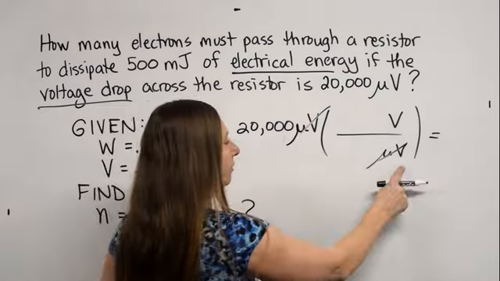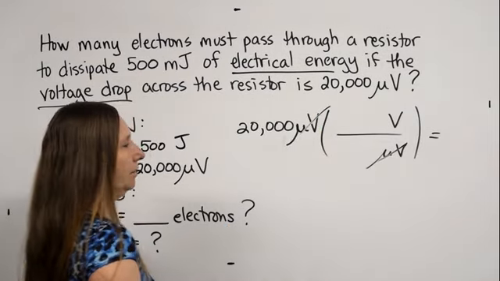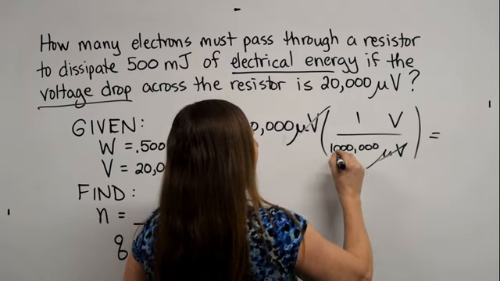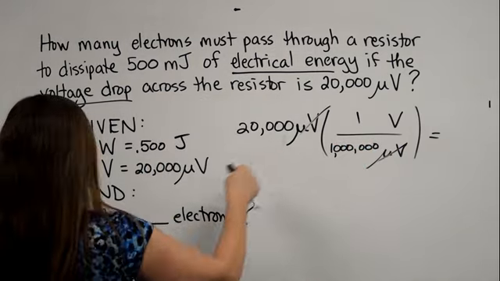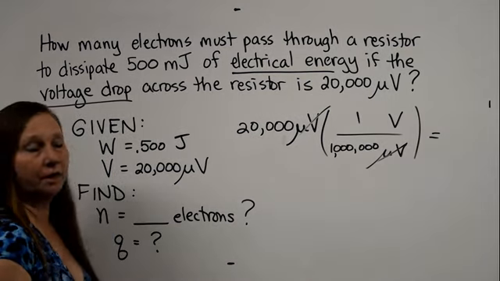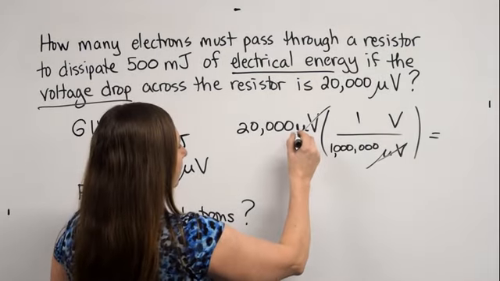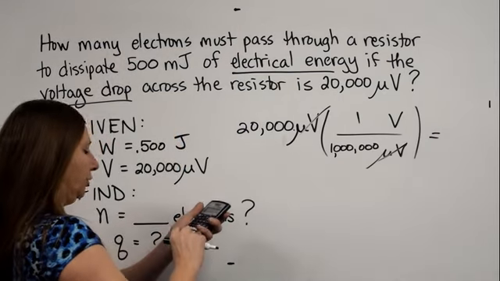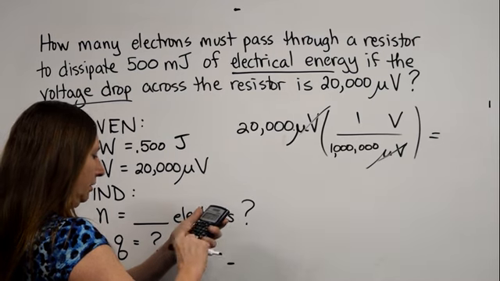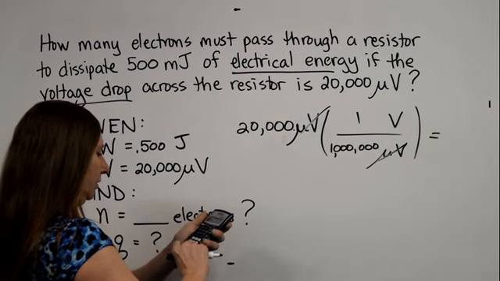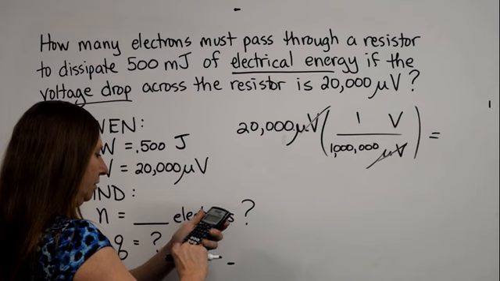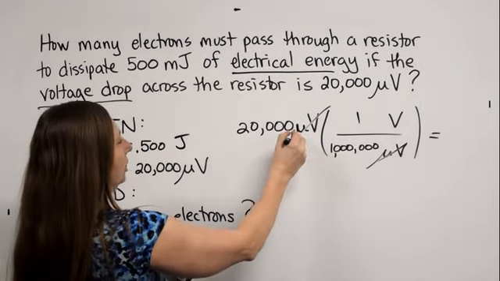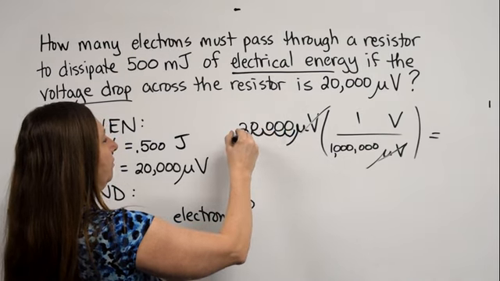That's why I put the microvolts down here, so they go away. 1 volt is 1 million microvolts. 20,000 divided by 1 million, we could just move the decimal place 6 places. 1, 2, 3, 4, 5, 6.